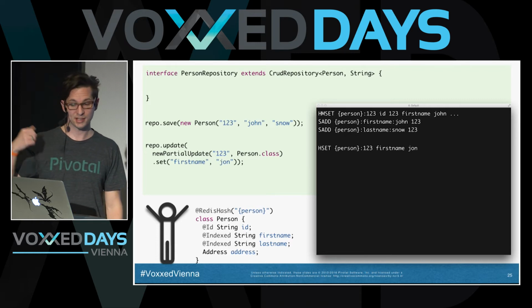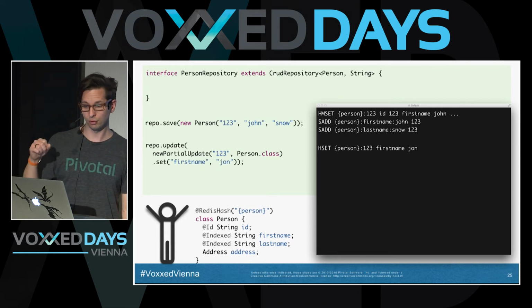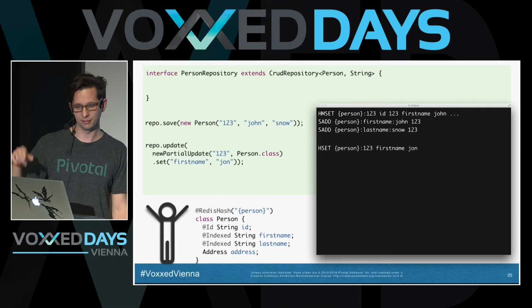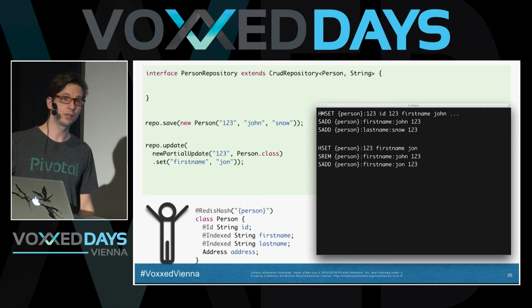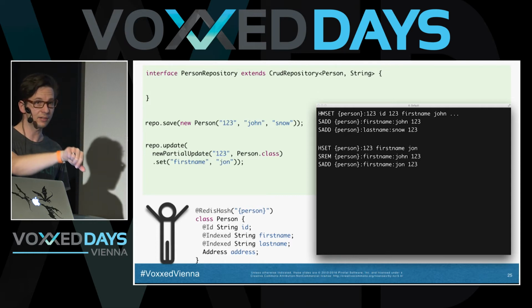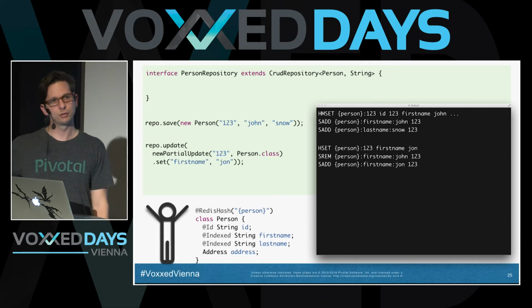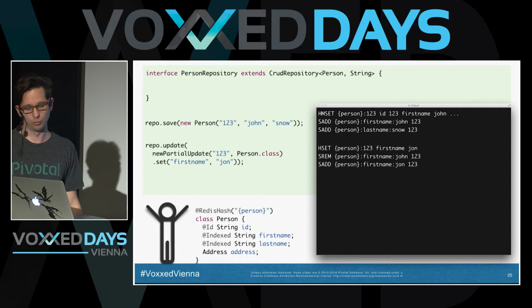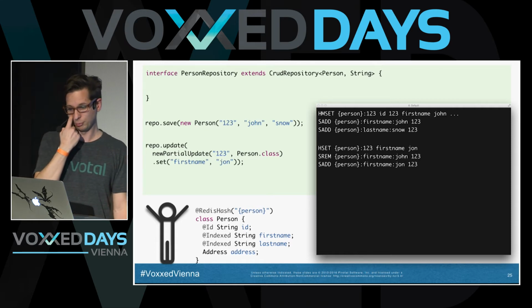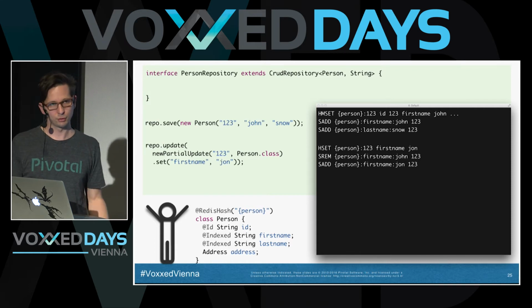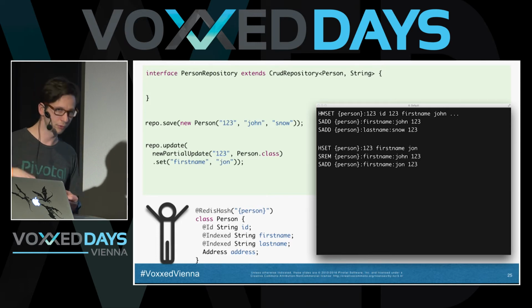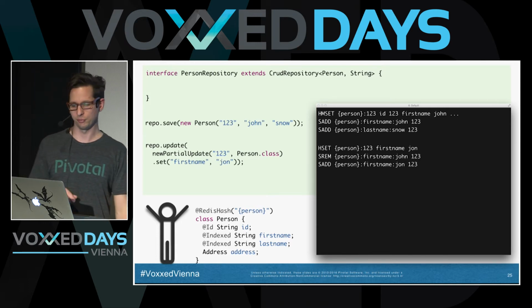So it will first set the value within the hash that you have, and it would then go on and remove the old value from the already indexed stuff and add it to a new index or an existing one, depending on whether there's already an index there. So that happens behind the scenes. It will detect indexes, detect the values that you already stored, remove them and take care of all the index updates for you.